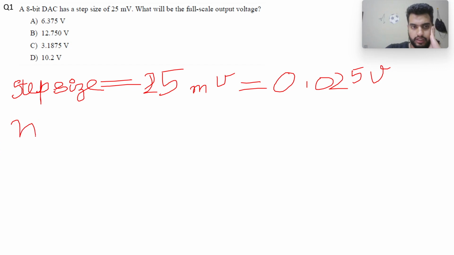I will call n the number of bits of the converter. How many bits does this converter take as input? It is an 8-bit DAC. So n is equal to 8.